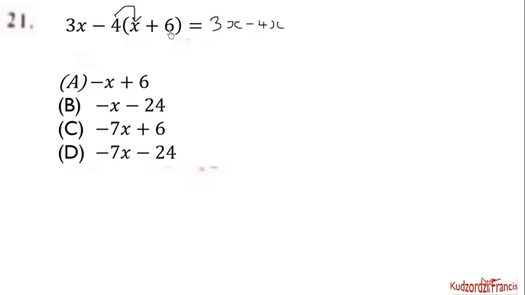Then negative 4 times 6 will give you minus 24. Now let's simplify further. 3x minus 4x will give you negative x, then minus 24. So the correct answer is option B.